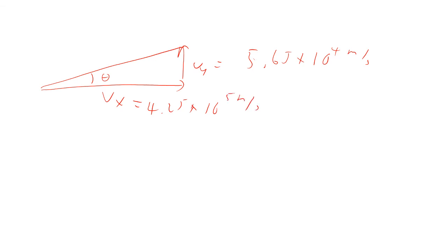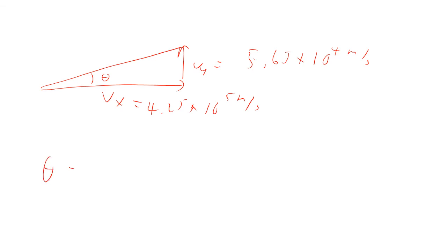To find the angle that it is going, I got Vx, I got Vy. Vy was 5.65 times 10 to the 4th meters per second there. Vx never changed. That was 4.25 times 10 to the 5th meters per second.